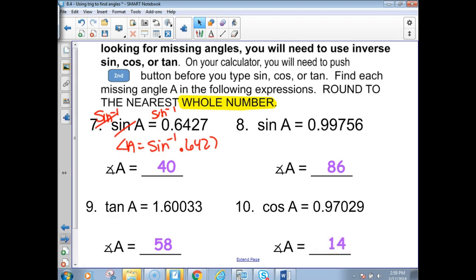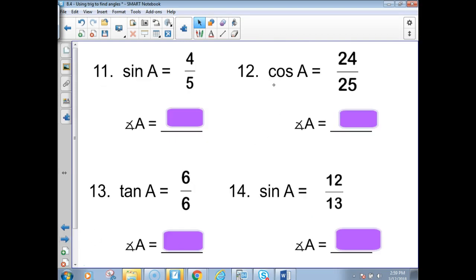All right, try the next ones. They're just fractions, which could be converted to decimals, but if you've got the comparison, this would be like saying the opposite leg to angle A is 4 and the hypotenuse is 5, because sine is opposite over hypotenuse. This one is cosine of A, saying that the adjacent leg is 24 and the hypotenuse is 25.